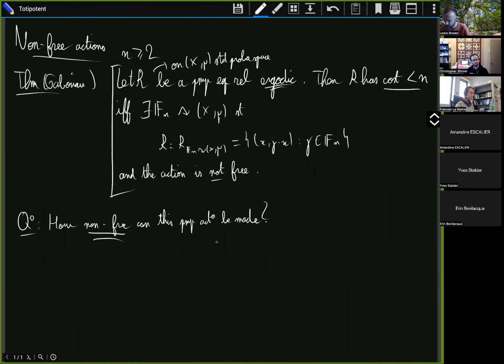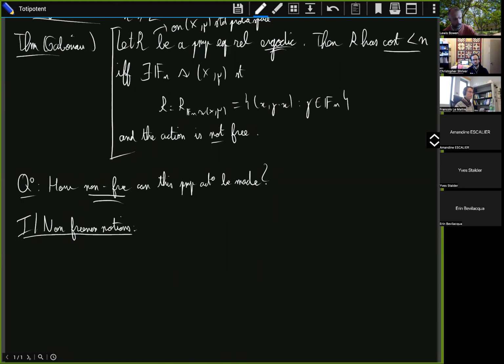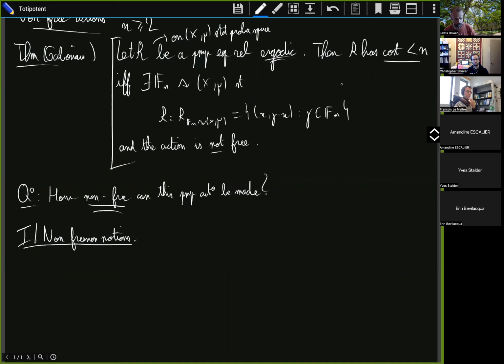For now, we are working with the free group on n generators, and we will review various non-freeness notions. By the way, feel free to stop me at some point if something isn't clear. I did not give many definitions because I think you are all familiar with this topic, but if it's not the case, feel free to interrupt me.